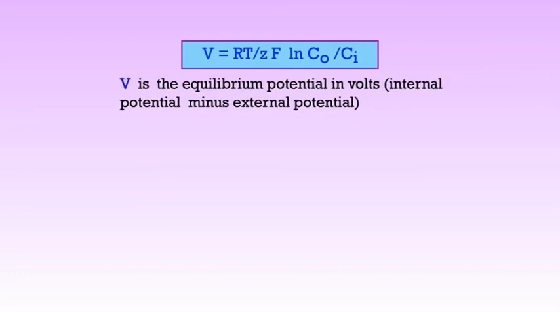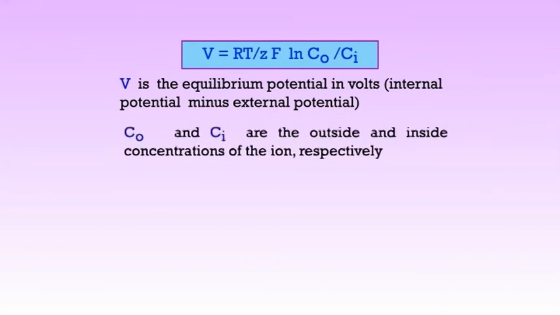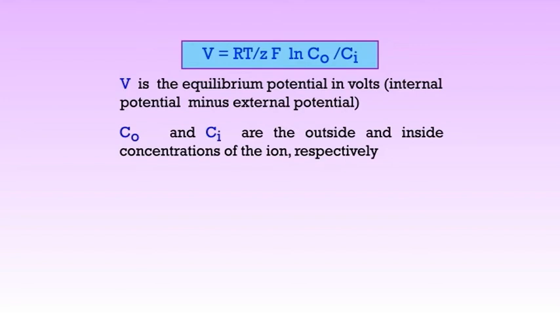Here, we can reproduce the Nernst equation as V equals RT by ZF ln Co by Ci, where V is the equilibrium potential in volts, that is the internal potential minus the external potential. Co and Ci are the outside and inside concentrations of the ion respectively.